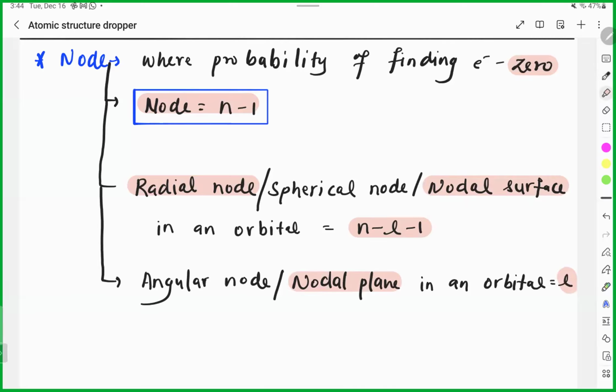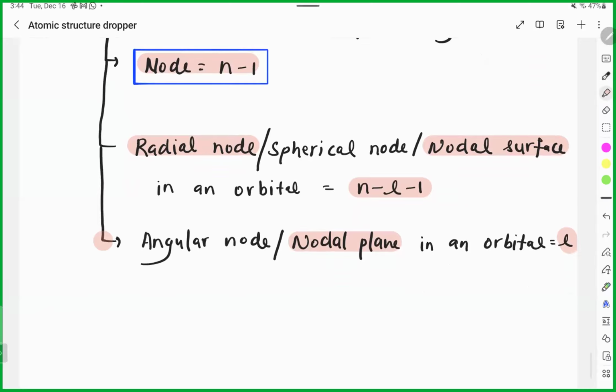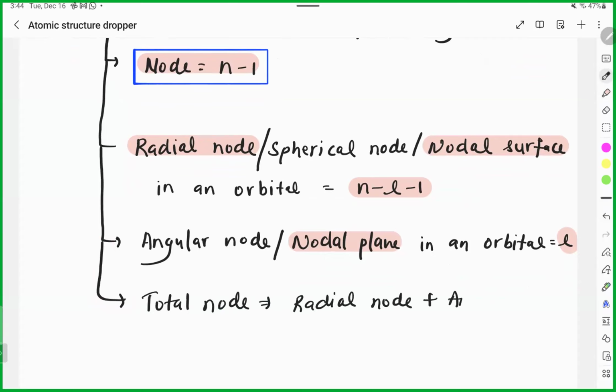What will be the total number of nodes? It is equal to radial node plus angular node.